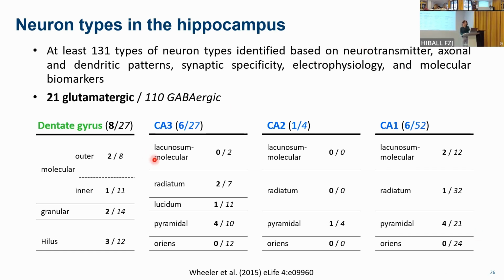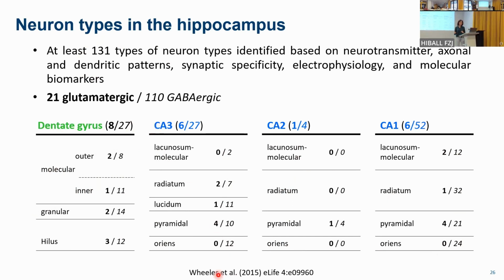And I'm not going to go into any more detail, but these 131 different cells have different laminar distribution patterns within the cornu ammonis, within the dentate gyrus. If you want to take the trouble and add up all the numbers here, you'll get more than 131.